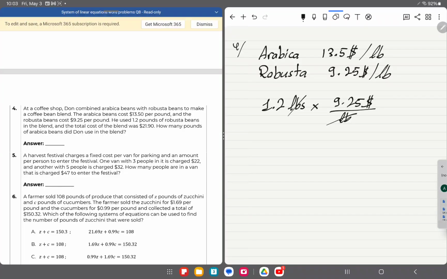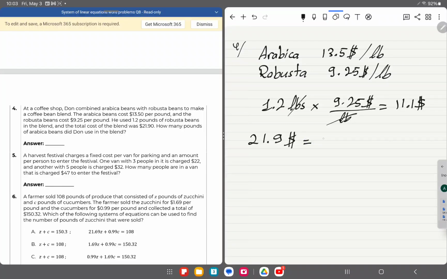So I am left with 1.2 times 9.25, which is $11.1. The total cost of the blend is $21.9. How many pounds of Arabica beans did he use?